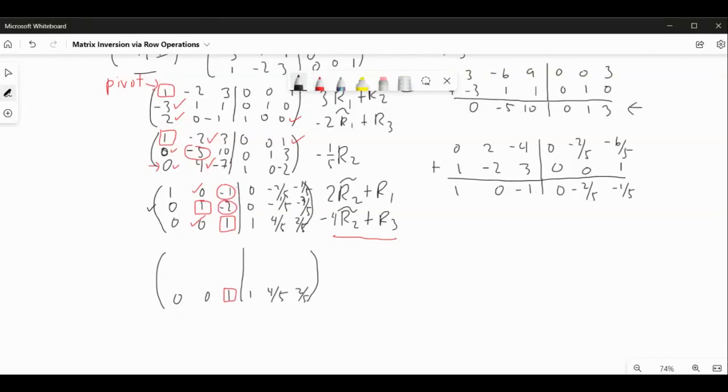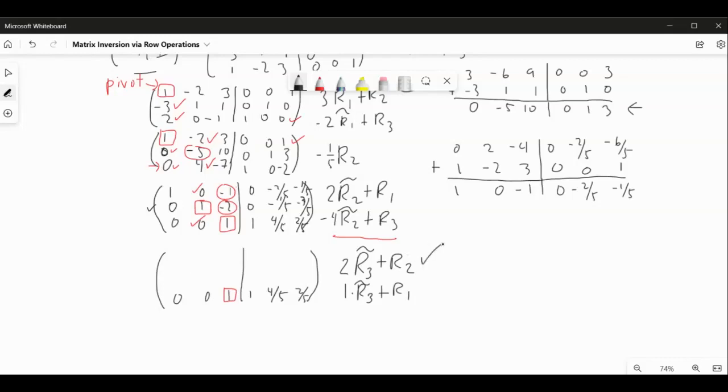So to do that, I will denote my third row now by R3 tilde, and I can multiply this row by 2 and add it to row 2. And furthermore, I can multiply this third row by 1 and then add it to row 1, so that all of the other elements in that column will become 0.